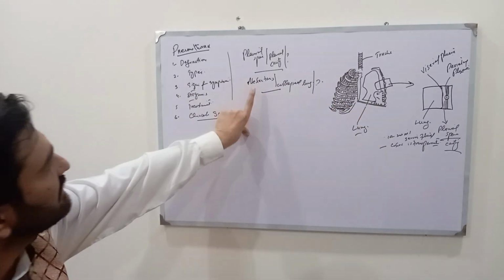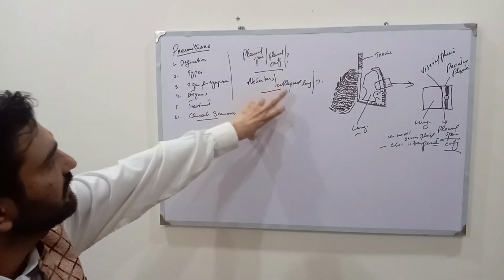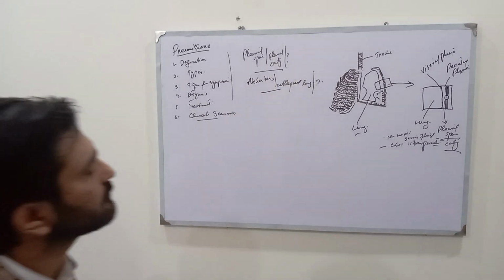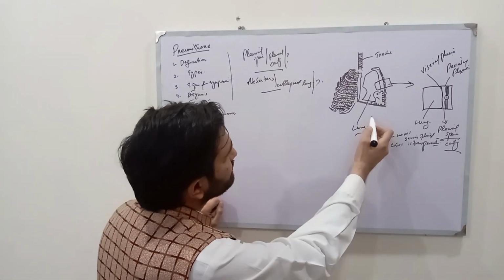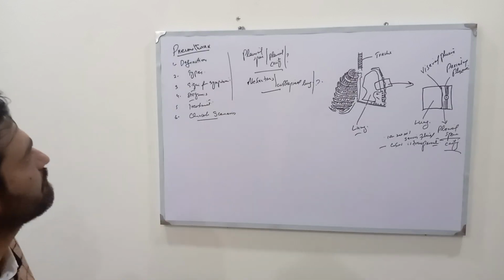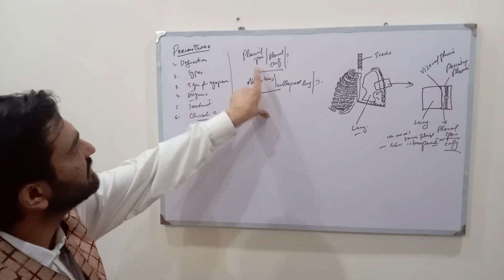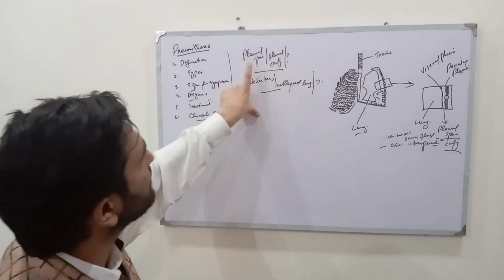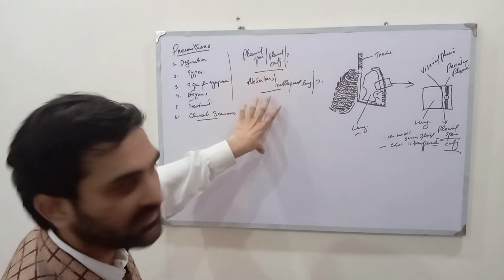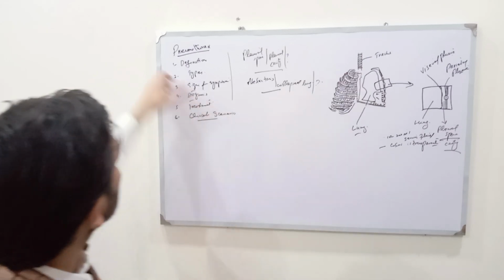This is actually called atelectasis or collapsed lung. After this discussion, you know what the pleural space or pleural cavity is, and what is meant by atelectasis or collapsed lung.